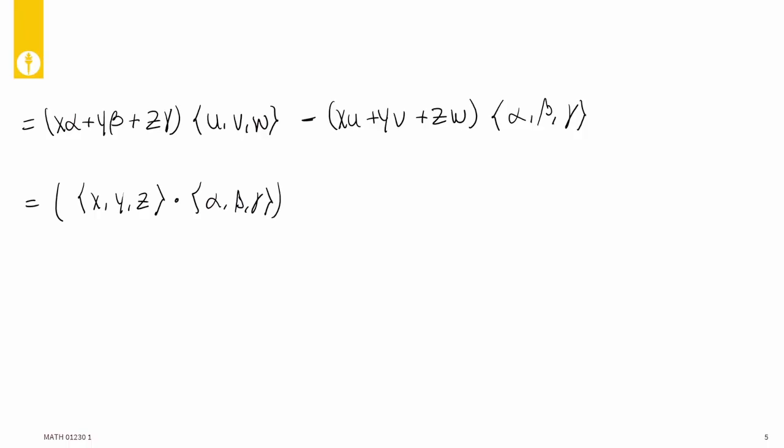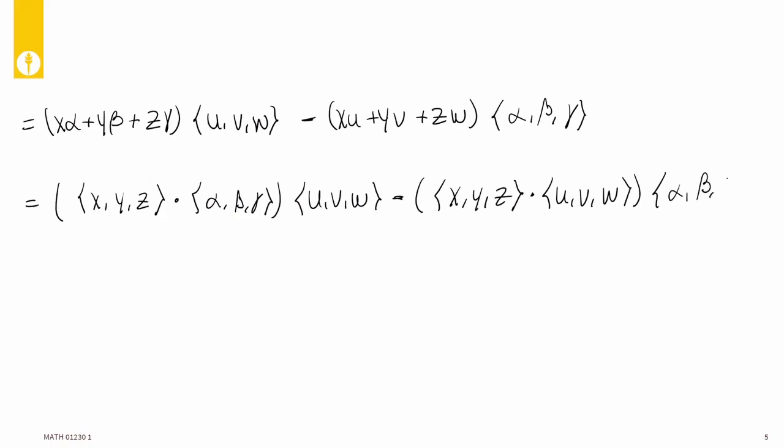Isn't it that dot product? Then the xu plus yv plus zw is also a dot product.